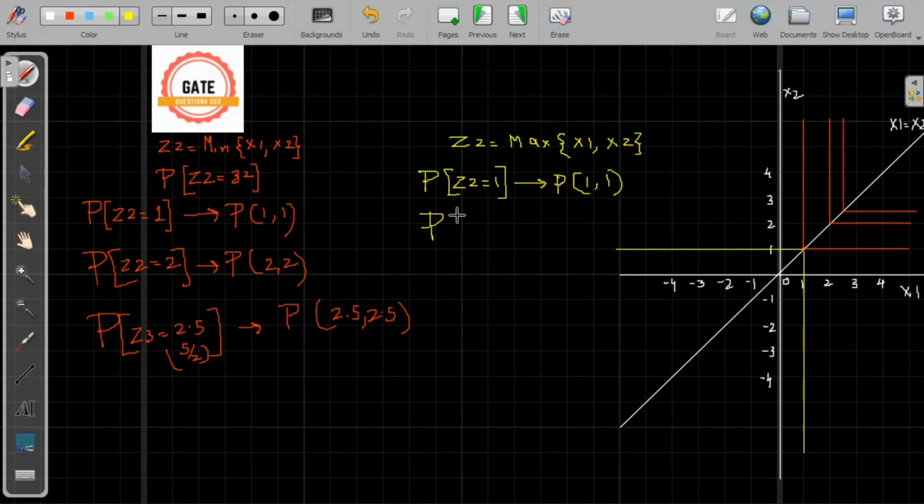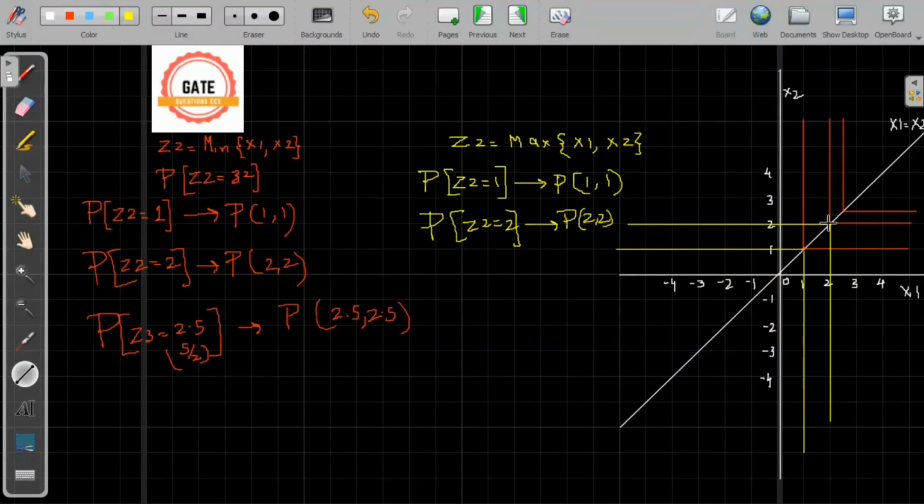Similarly, for the probability that Z2 is equal to 2, the corner point will be 2, 2 and the boundary will be this. This is the boundary that we will use for calculating the probability for the maximum case.